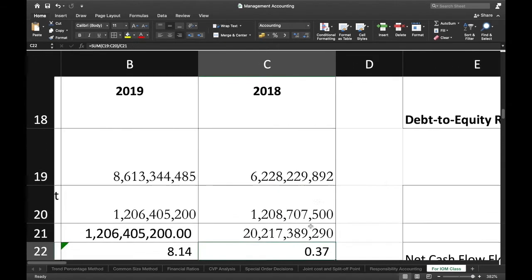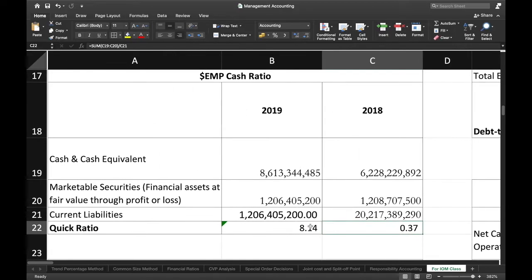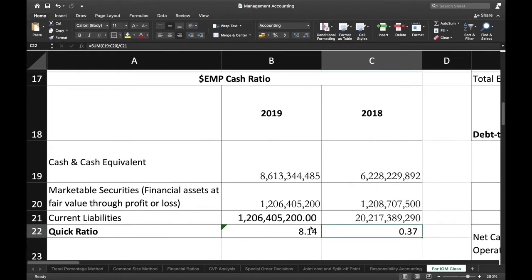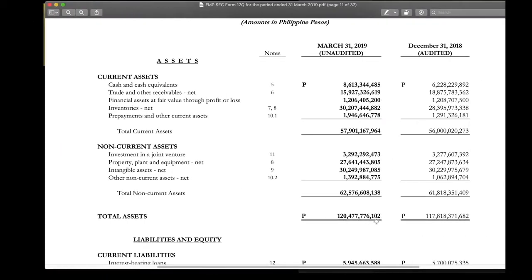Ibig sabihin, kapag itong mga liability mo amounting to 20 billion, 217 million, naningil lahat, tapos mabilisan yung demand, next week agad, next month agad, kung ano yung cash mo, pag sa cash ratio ka titingin, alanganin tayo, year 2018. Baka di natin kayang mabayaran dahil napaka-liit lang nito compared dito sa current liabilities. Now, I hope you get it. That is the essence of cash ratio.